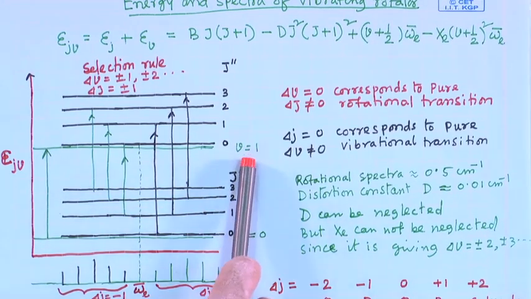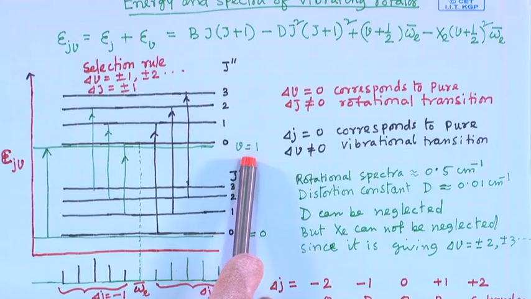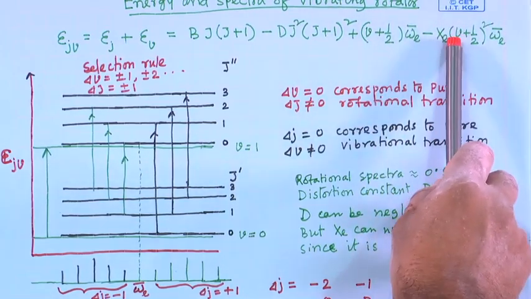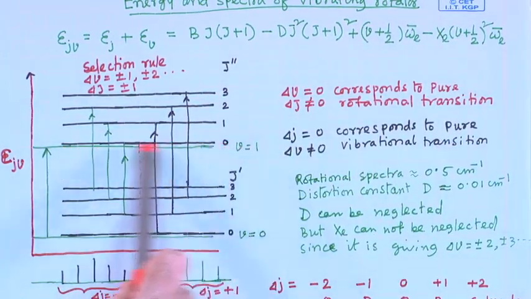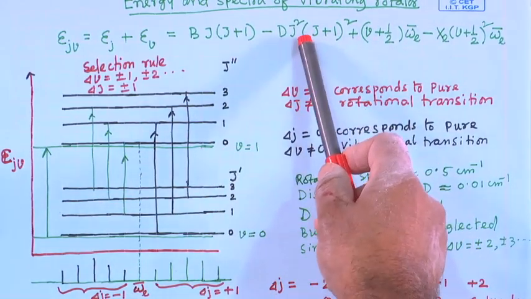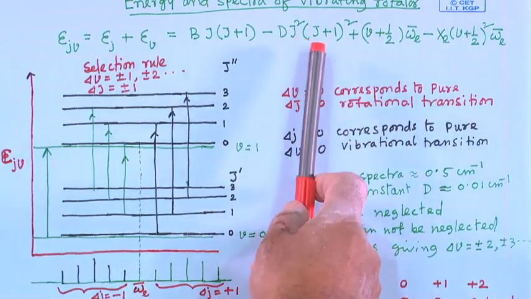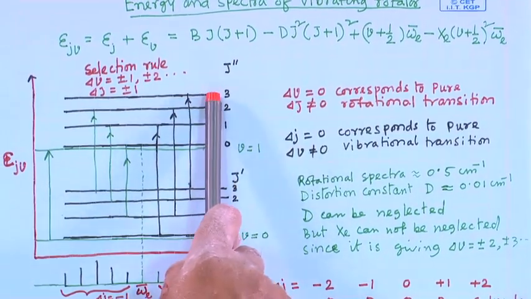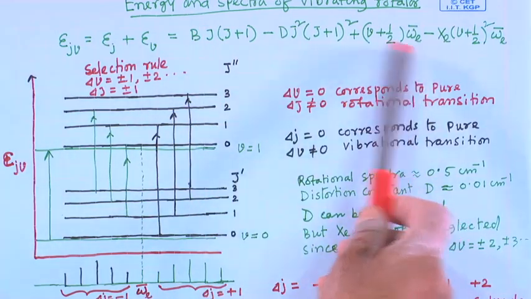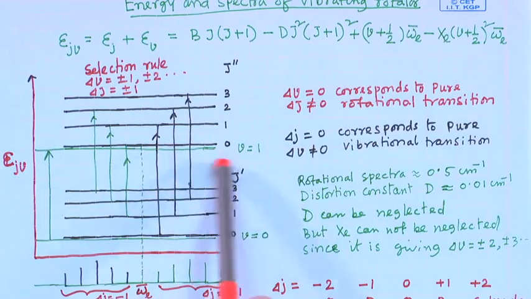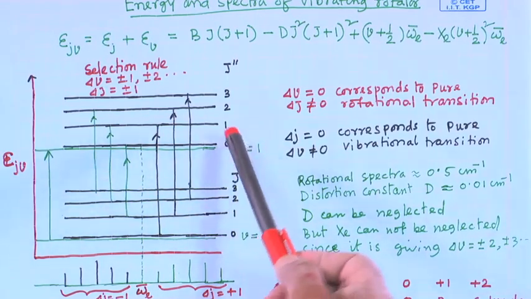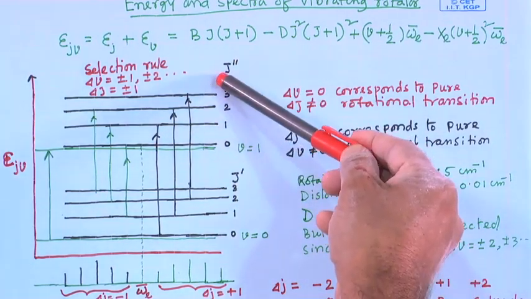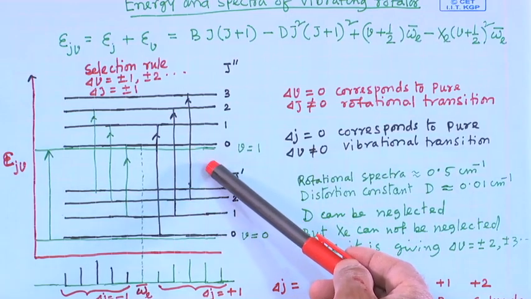Similarly, for v equal to 1, so I put here v equal to 1, okay. So, I will get this green line. Now, different values of j, j equal to 0, 1, 2, 3, right. For different values of j, energy will increase, but it is in the order of 10 to the minus 1 centimeter inverse.